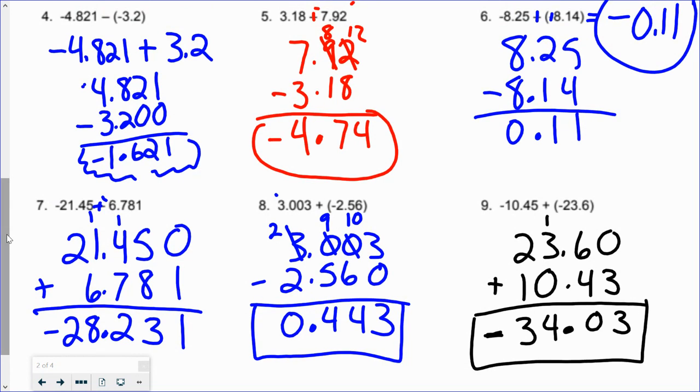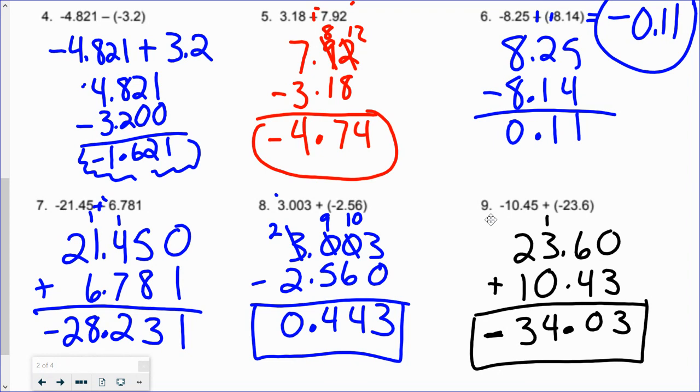We had to add the opposite for 7, and then they were same signs, add and keep. Number 8, it's already addition, so you just need to line up your decimals and then do a little bit of regrouping. The largest value was our 3, which is a positive, so my answer is a positive.